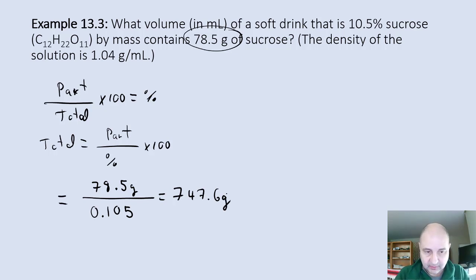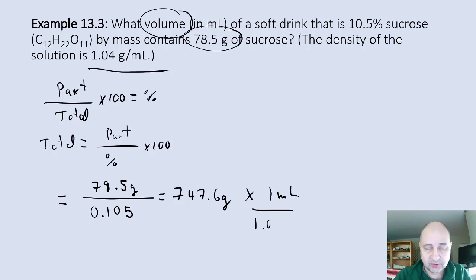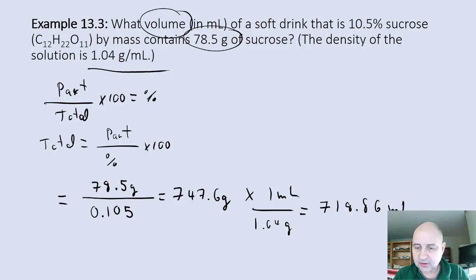Now, all I have to do, in order to get to the volume, because it's asking for volume, is apply the density to that. So, times 1 milliliter divided by 1.04 grams, and that gives me 718.86 milliliters solution.